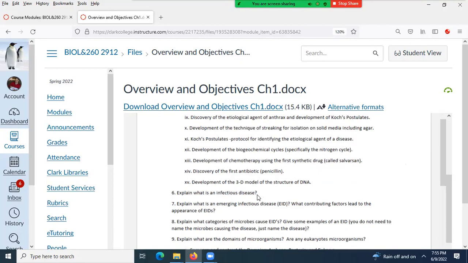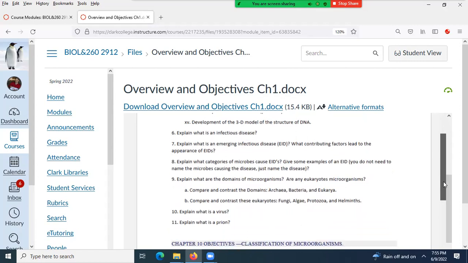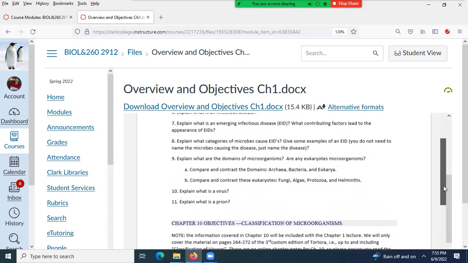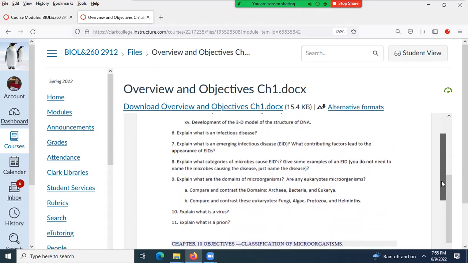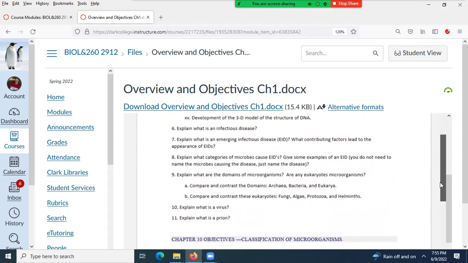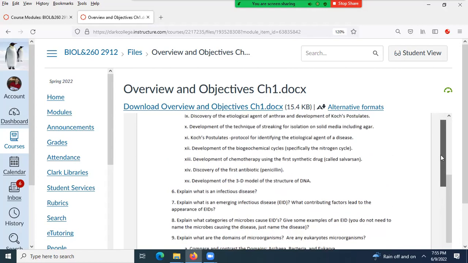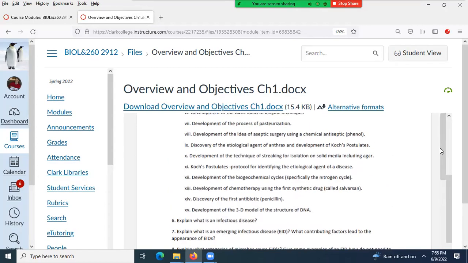I describe what an infectious disease is. You probably don't need to know about an emerging infectious disease. You should know what a virus is, because I would study that later in the prion. And I think that's about it for chapter 1.